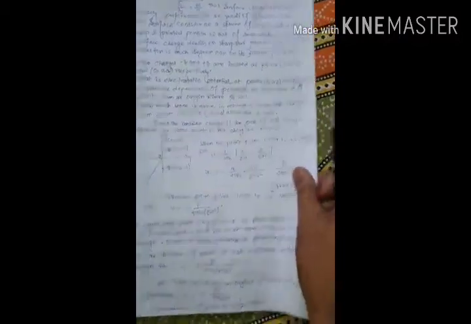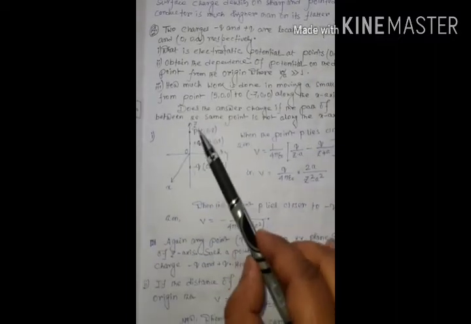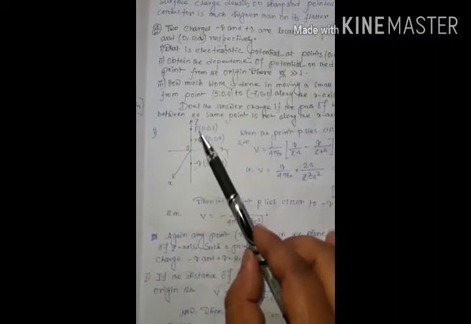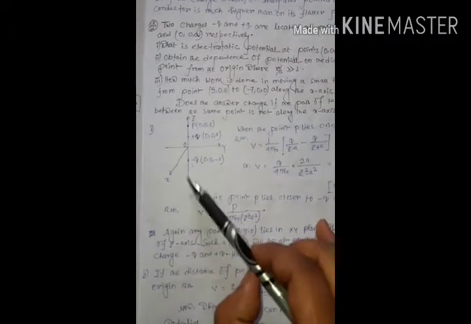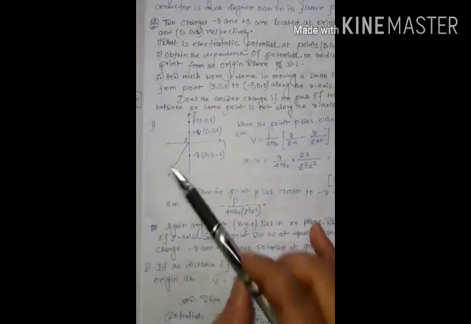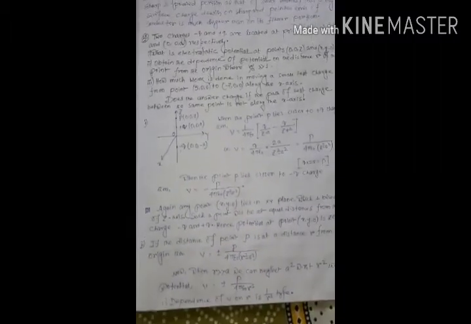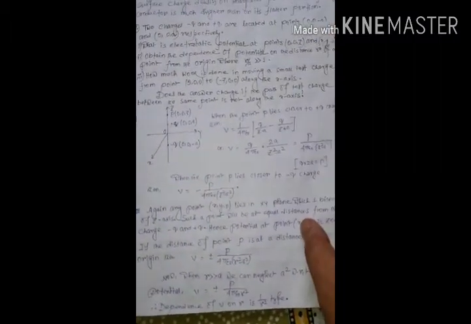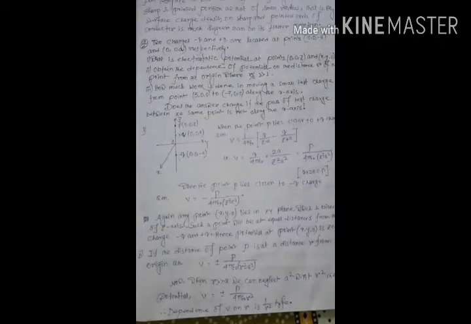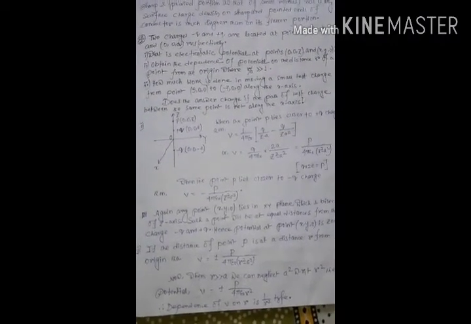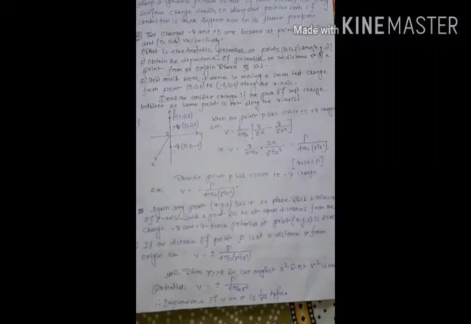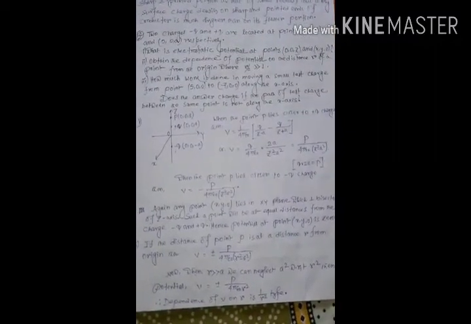Now see the solution. See the diagram very carefully. We consider the two charges plus q and minus q located on the z axis. Now to determine the potential at the point (0, 0, z), first we consider this point situated near the positive charge.